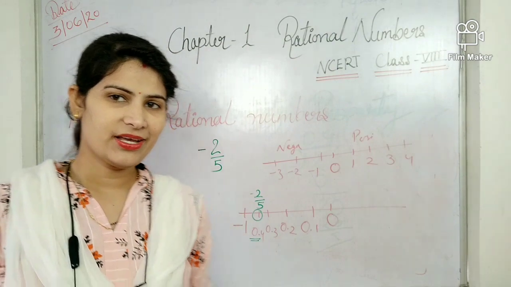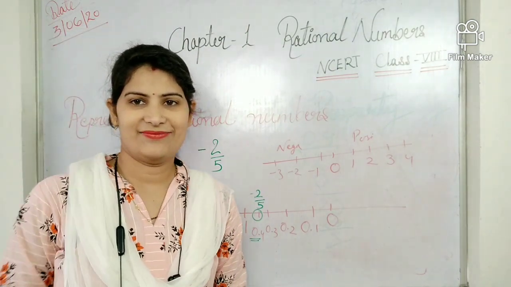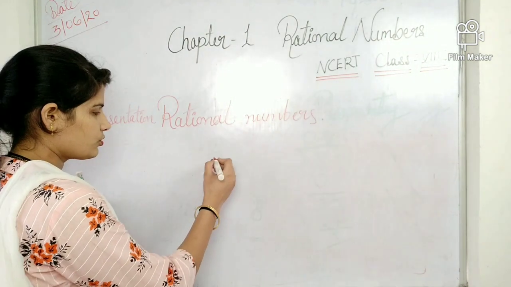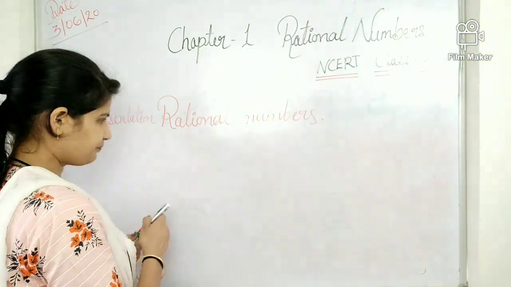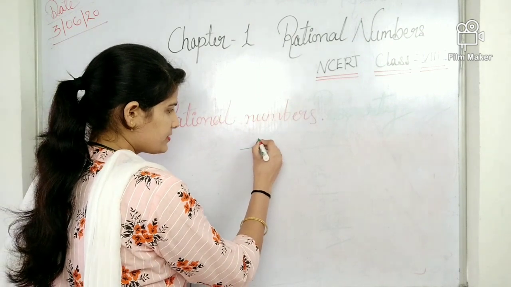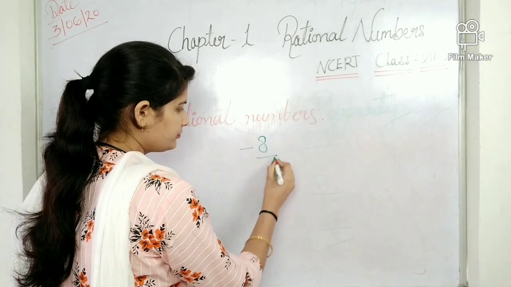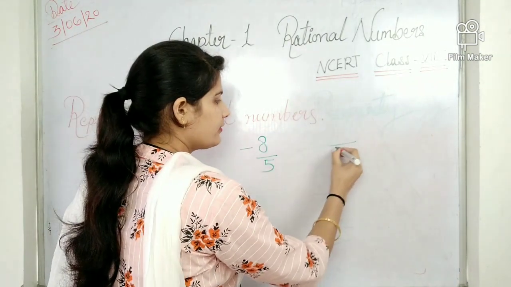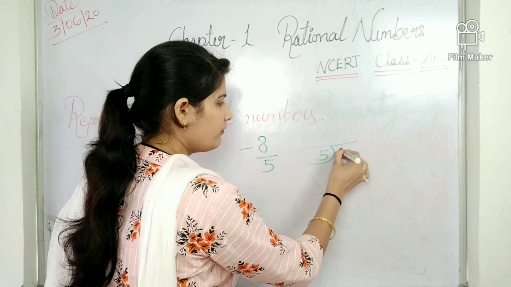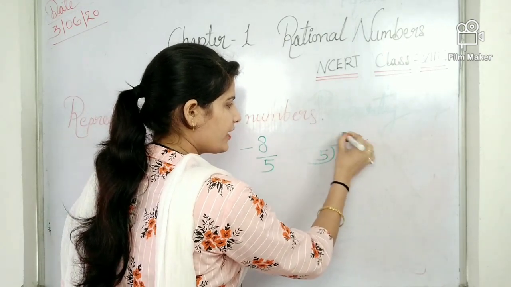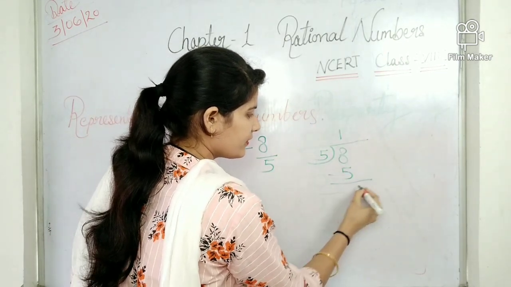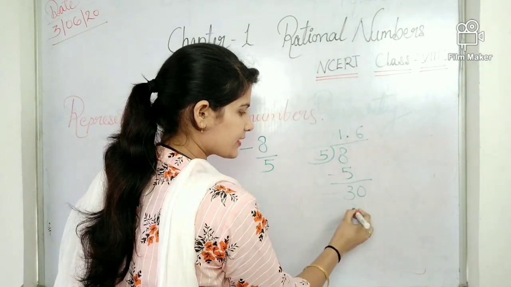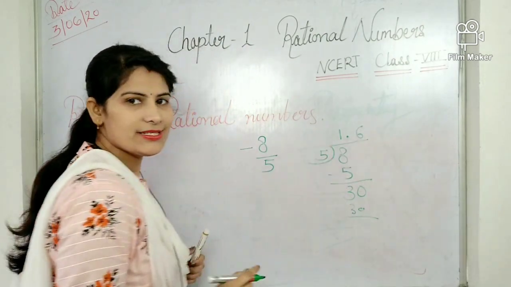And now let us start the exercise. One more example of representation of rational numbers. So the example is minus 8 upon 5. Okay, so check. First we will solve. 5 ones are 5, 3, 0.6. So it means 1.6.